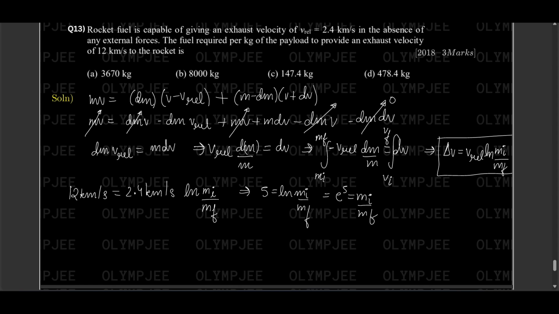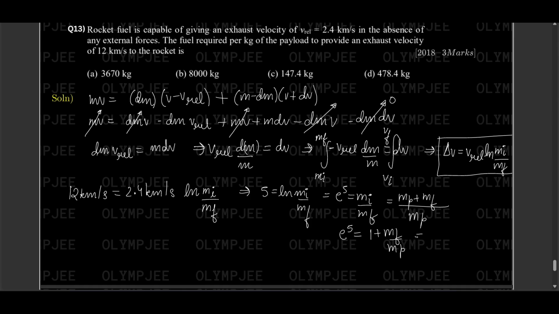Now the initial mass will have both the payload and the fuel, so mass of payload plus mass of fuel, and the final mass when all the fuel has escaped is only the mass of payload. So e raised to the power 5 is equal to 1 plus mass of fuel by mass of payload, and mass of fuel by mass of payload is what we have to find, fuel per kg of payload.